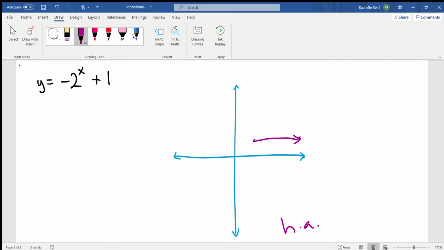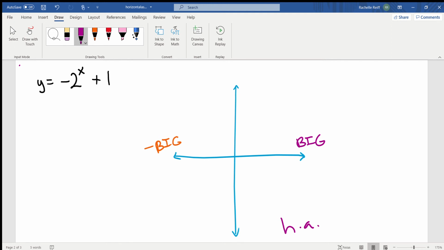Well, eventually means I'm plugging in really big numbers for x, like 1 trillion, and I want to see what y will be. I'm also going to plug in really big negative numbers for x to see what it'll eventually look like on the left side. So maybe I'll plug in negative a trillion or something like that. But let's start with the right side. Let's see what happens if we plug in really big numbers for x.